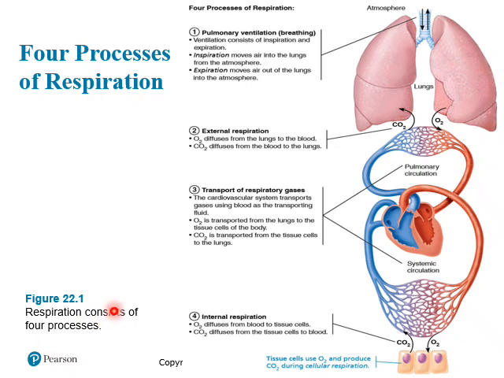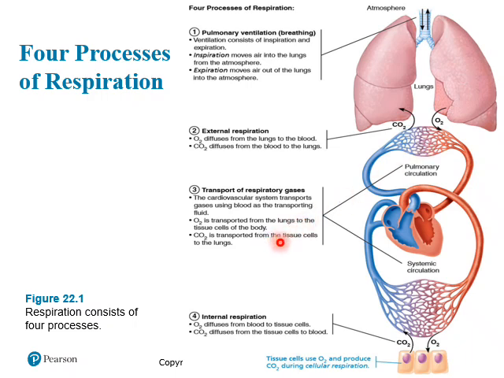And right here, it gives you the four processes that I mentioned, with the help of the diagrams. Pulmonary ventilation is the process happening right here in the lungs, so it's the breathing part. Then you have external respiration, which is the exchange of carbon dioxide and oxygen between the lungs and the blood.